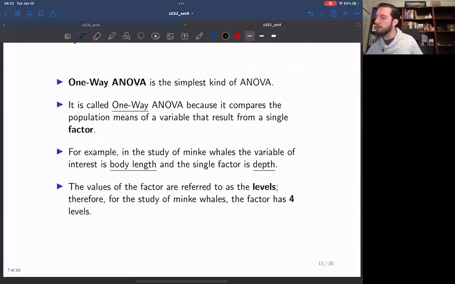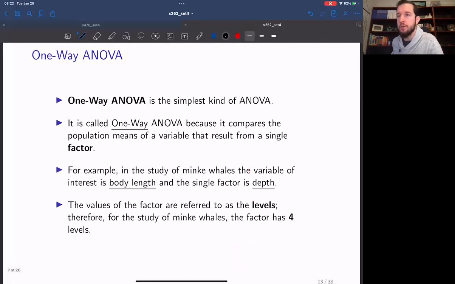All right. So our first ANOVA procedure, the focus of this lecture set, is the one-way ANOVA, which is the simplest kind of ANOVA. It's called a one-way ANOVA because it compares a single variable from a single factor. Essentially, you're measuring some variable, for example, the length of the minke whales, and you're splitting the population based off of one grouping factor or one characteristic.